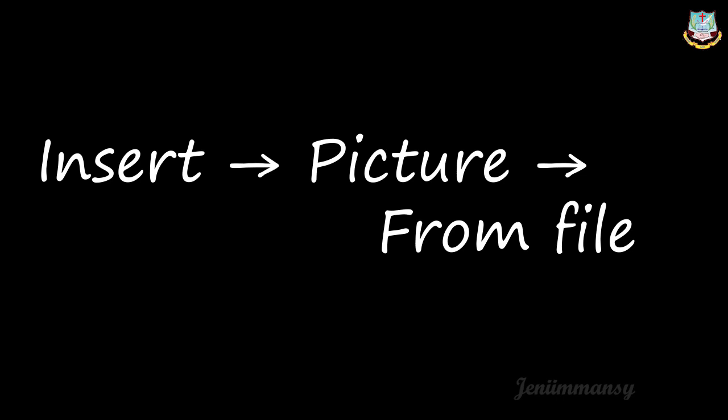When you click the picture menu, a dialog box will be opened in your window. In that dialog box, you can just select from which folder or from which drive you need the picture, and you can just open it, and down you will have a open button. When you just click on that open, the selected picture will be inserted in your document, right?